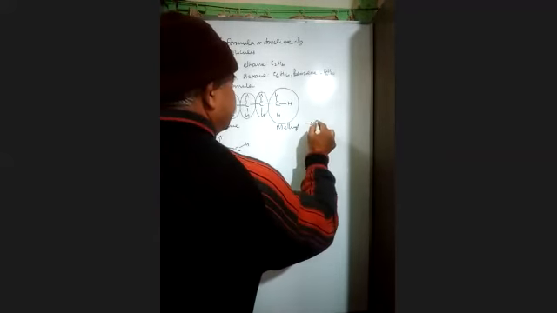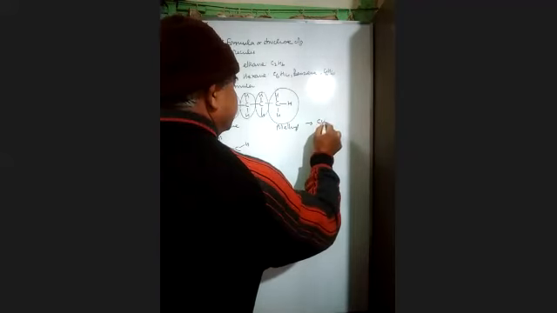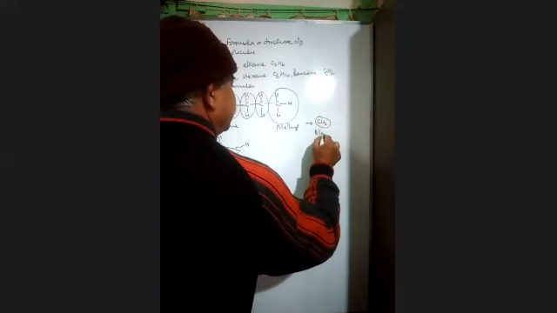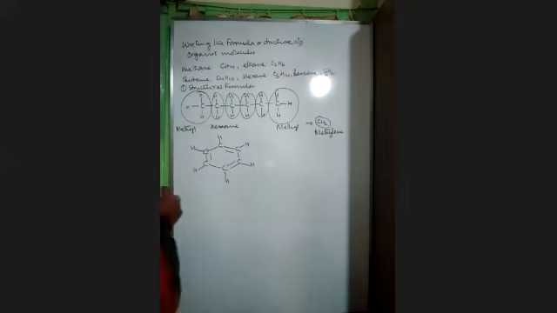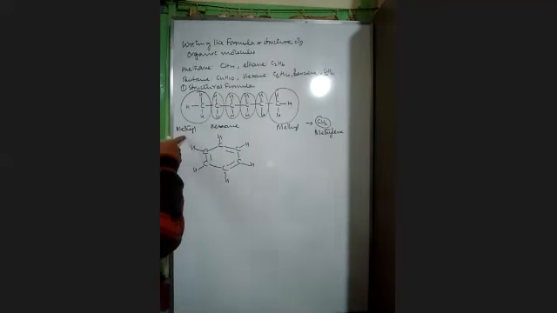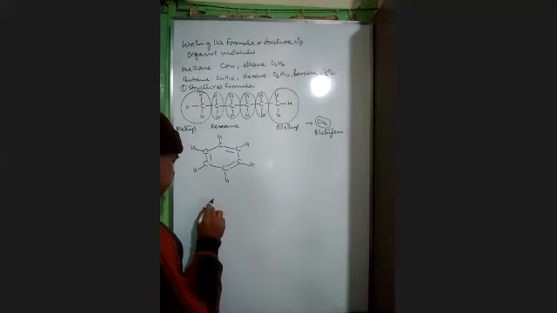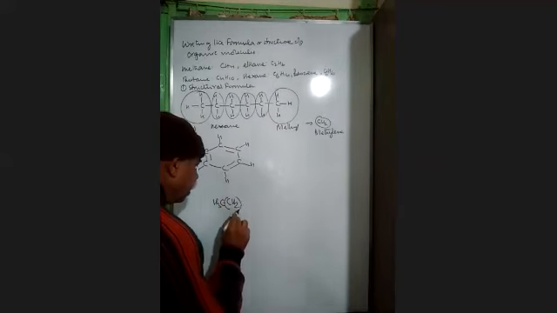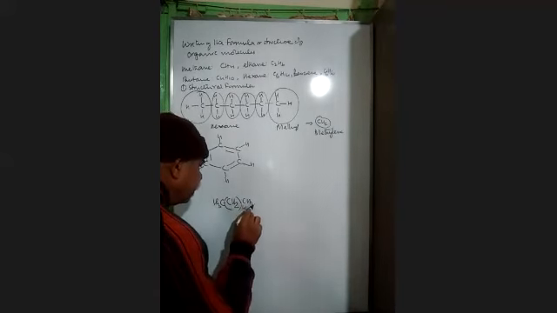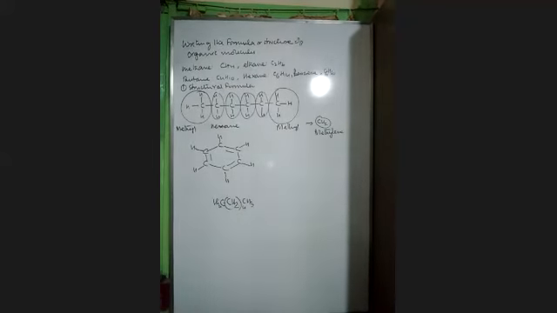Here you have CH2. This is called methylene. Now, how to write it short? We have found that between 2 methyl, you have 4 CH2 groups. So I can write this one in this way: CH3, CH2 repeated 4 times, CH3.